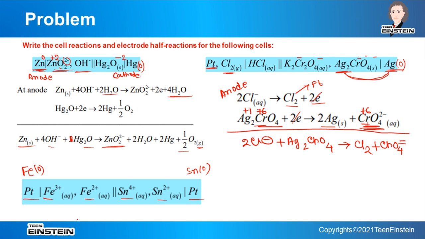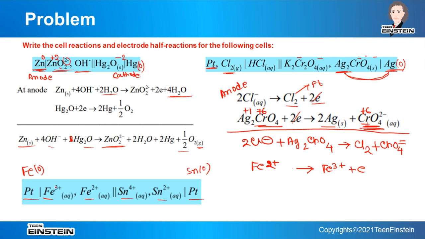So in the anode, the reaction that is going on is Fe2 plus is converted to Fe3 plus by losing one electron.